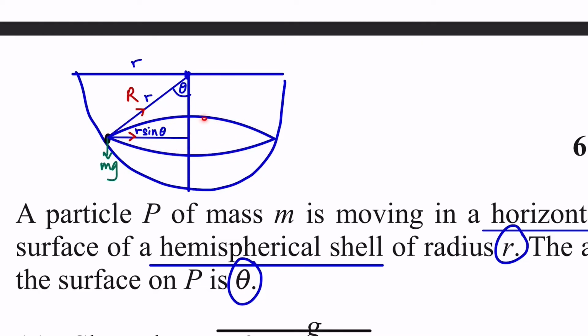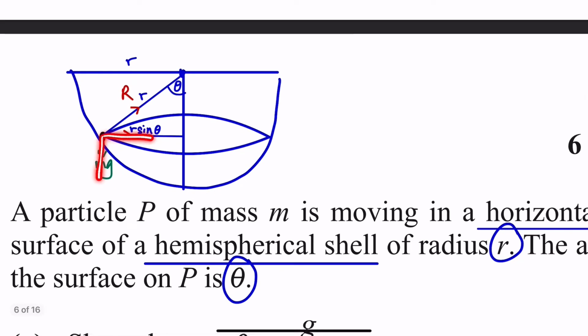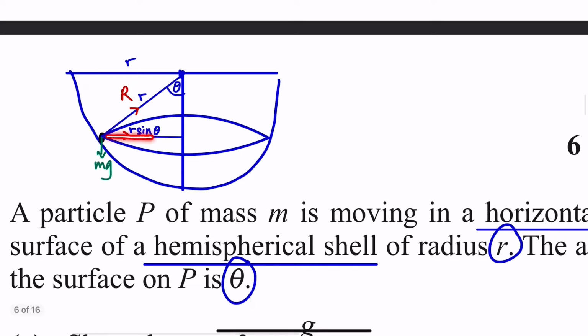Because the circular motion is a horizontal one, this would be the center of the circular motion, not this, alright? And this is horizontal, but this is vertical. So weight definitely has no effect on the centripetal force. Instead, our normal reaction has the effect on the centripetal force.